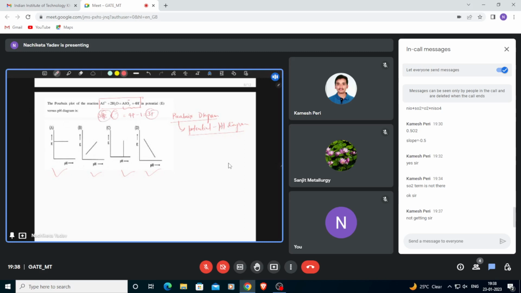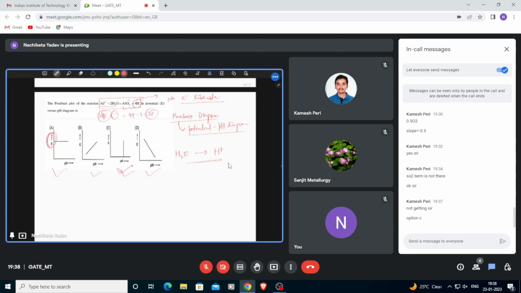So there is no involvement of electron. So this potential value will be constant. It varies only with the pH value, H plus, from H2O to H plus. It does not liberate any electron, this reaction. Option C. That's why option C will be right.